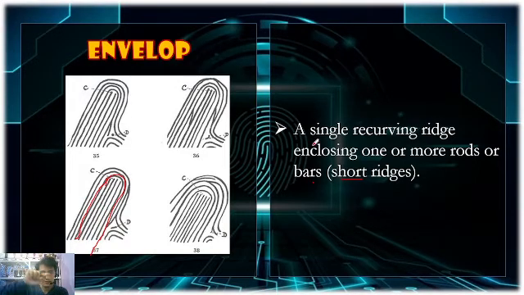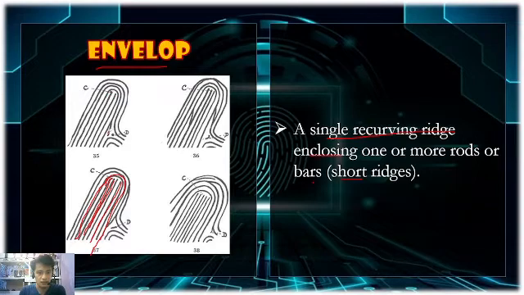Single recurving ridge, almost nakabuo siya ng loop pattern. So it encloses bars or rods. Yung rods or bars na tinatawag natin, it's the straight lines here. Katulad ng mga straight lines na to, that is called bars or rods. And yung nakapalibot dyan, we call it envelope. Okay, take note of that. A single recurving ridge enclosing either 1, 2, or more than 2 rods or bars.